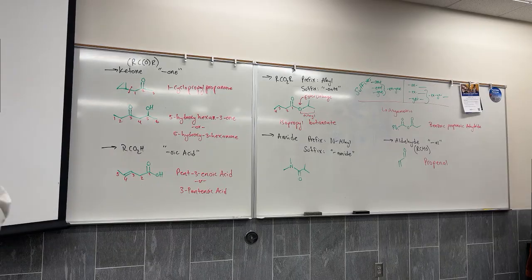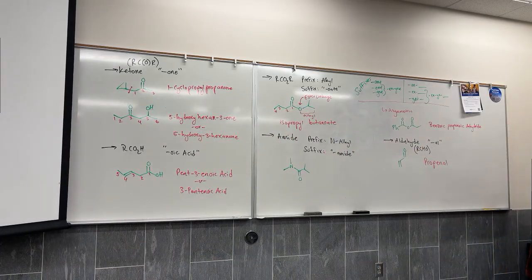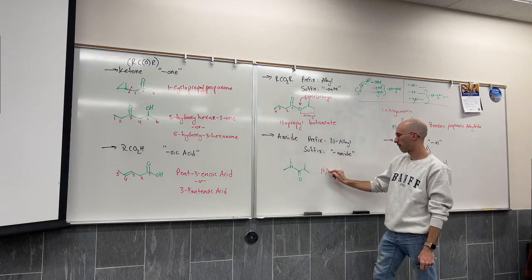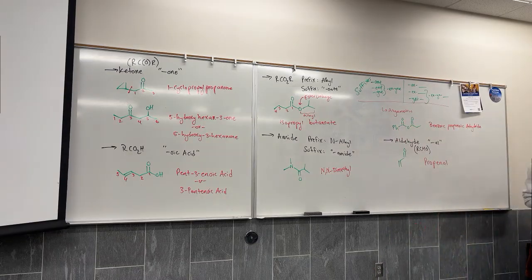Okay, so in this compound, there are 2 methyl groups coming off of the nitrogen of the amide. So this will have to start with N,N-dimethyl. Then I can describe the substituents off of the parent chain.